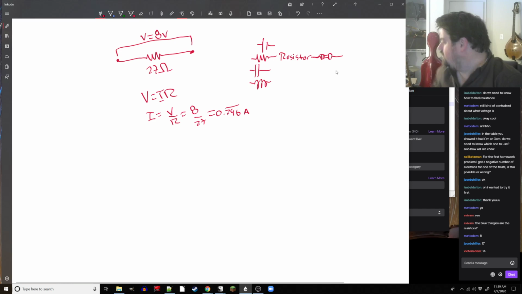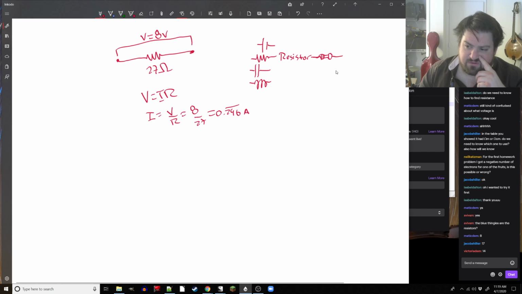For my little miniature drone, I have batteries that I think are 7.4 volts. So that's pretty close to 8. In fact, if you overvolted a little bit, it'd probably be around 8. And as it discharges, the voltage drops.